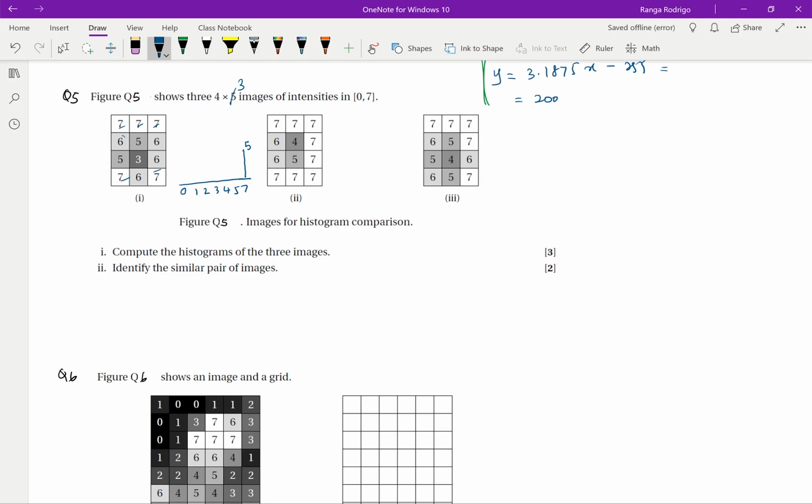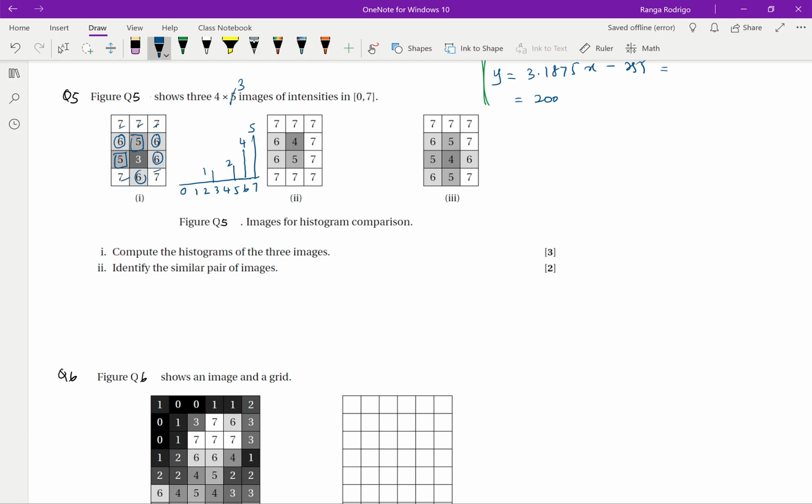With 6 there are 6, and with 4 ... 7 is 5, 6 is 4, with 5 it is 2, with 3 it is 1.